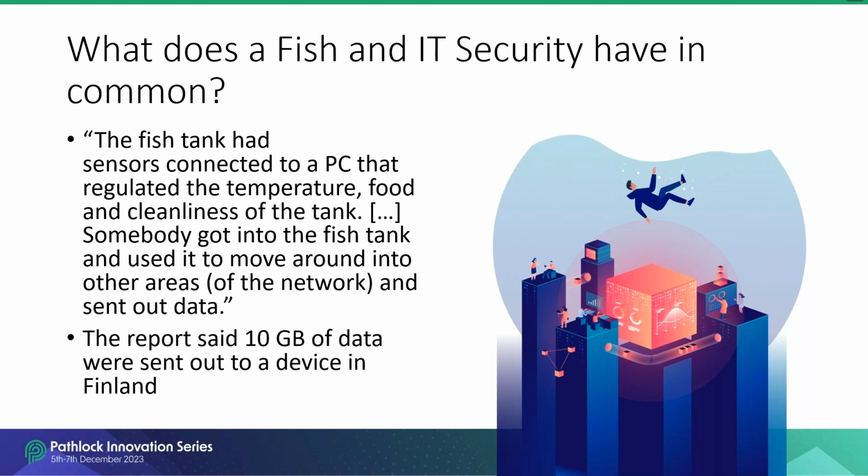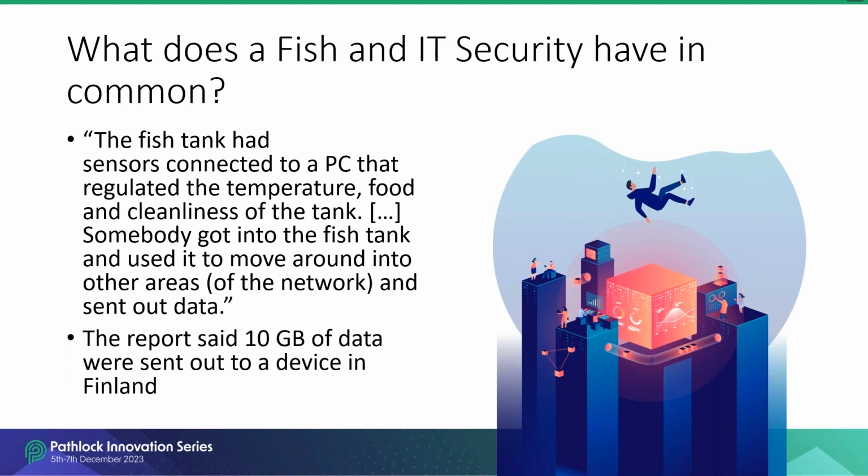And someone was so creative to check out that there is this kind of IoT device in the fish tank, and the IoT device was not really well secured from the manufacturer side.